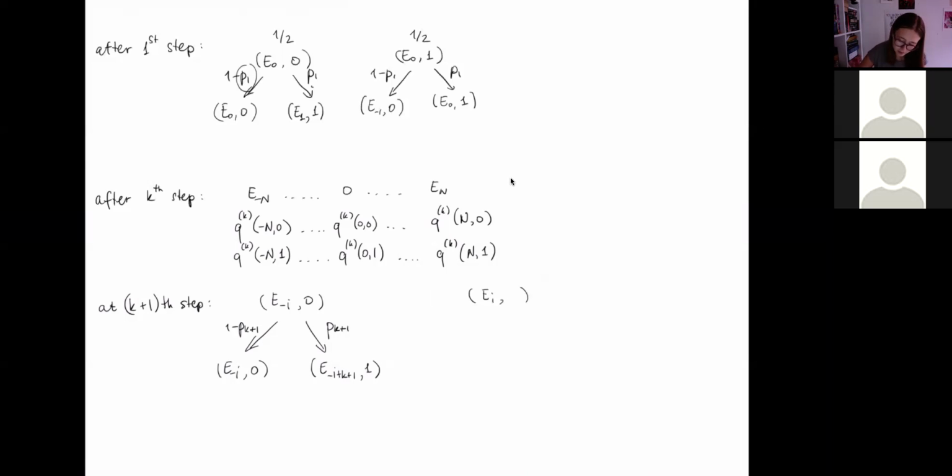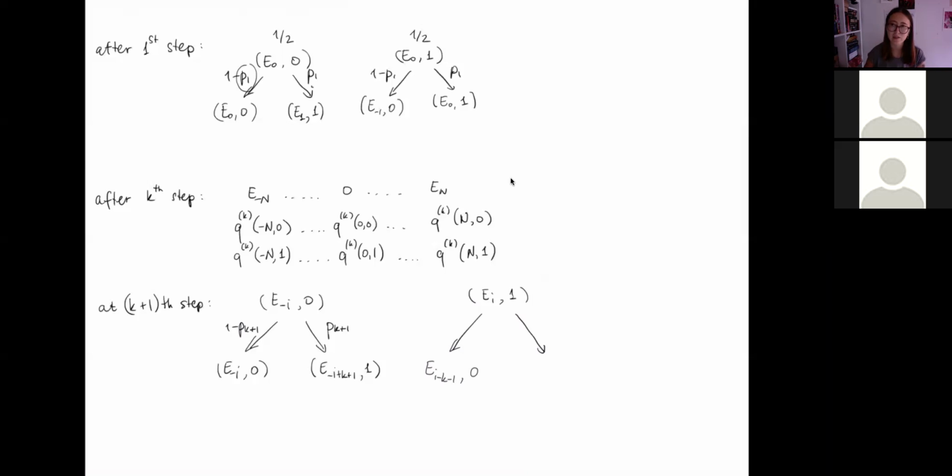And the same for this state. So if the system is in a state EI1, then it can either only lower its energy or it can stay the same. And it can only lower at the k plus 1 step, it can only lower energy by k plus 1 levels.